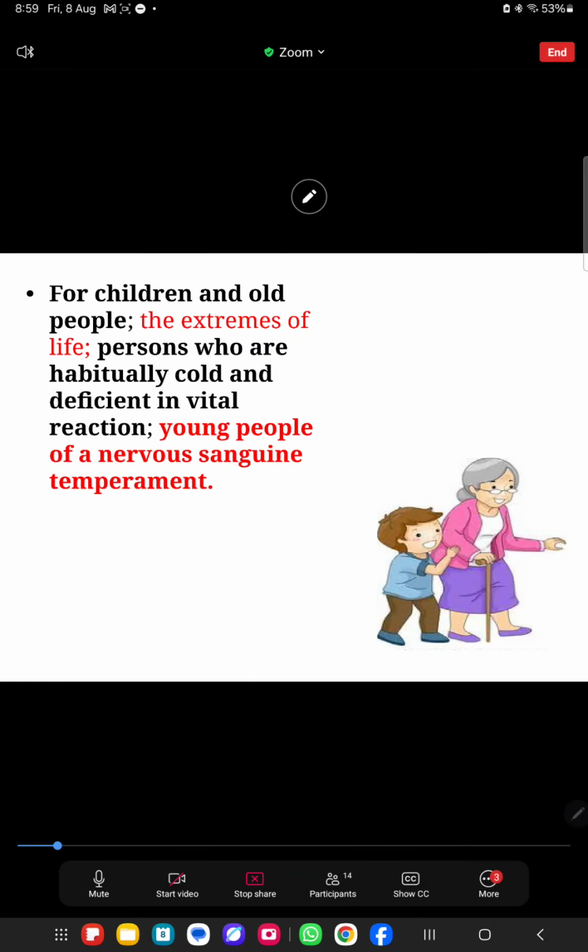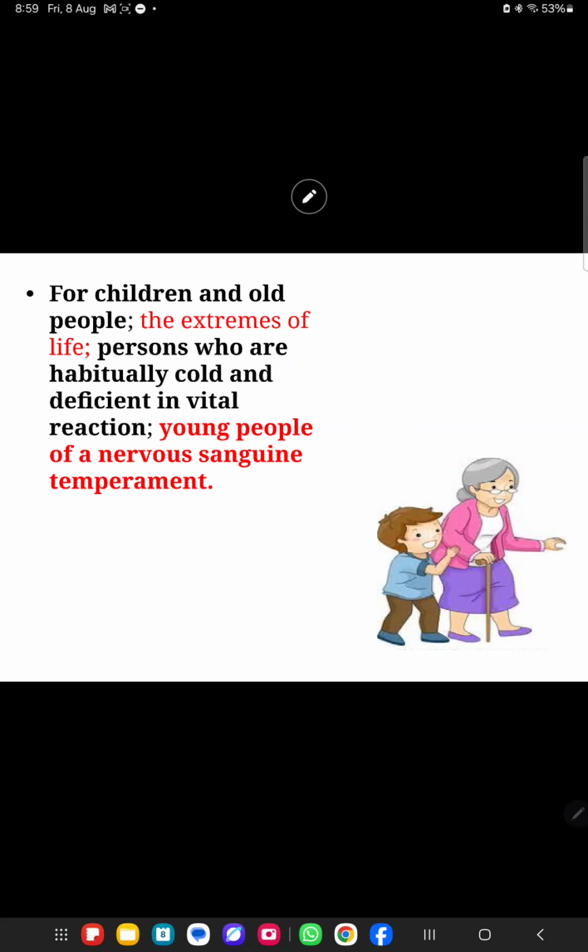For children and old people, these extremes of life, persons who are habitually cold and deficient in vital reaction, young people of a nervous sanguine temperament. Suppose the patient coming to you is a cold, old person or child, with deficient vital force and a nervous sanguine temperament.